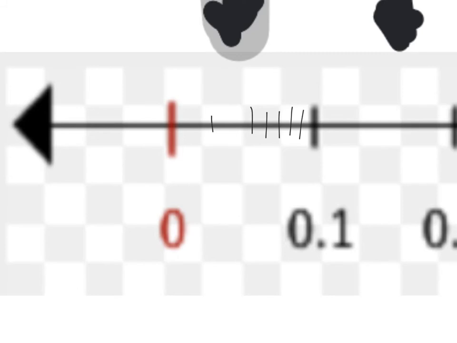And I need 5 on the other side. 1, 2, 3, 4, 5. Okay, so that would be 10 total. Okay, so here's my 10 sections. If I split all of the sections into 10, I'd have 100 sections altogether.